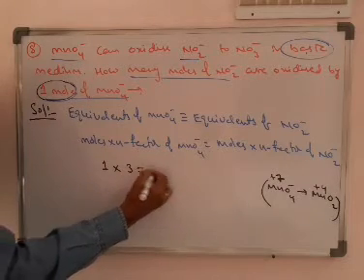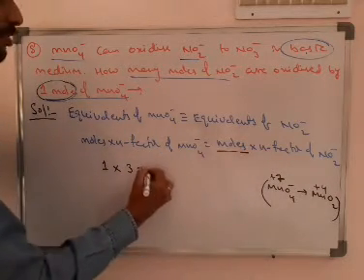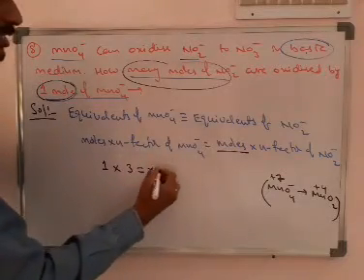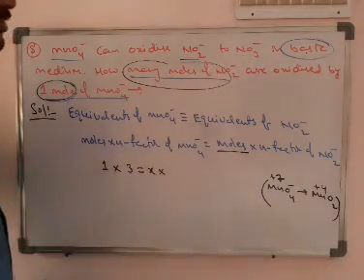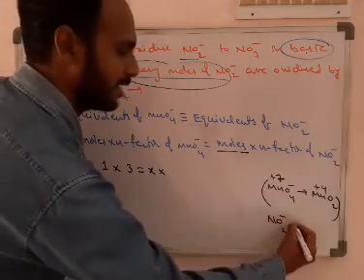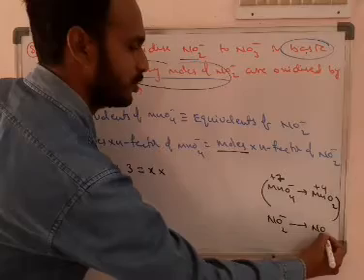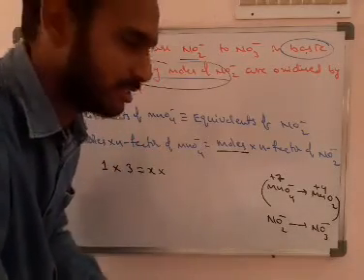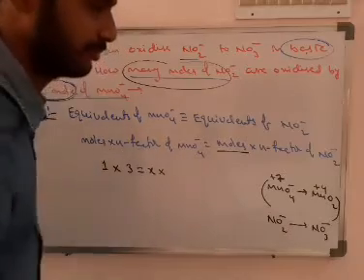So 3 moles. To find the moles of NO2 minus, we take it as X. So the n factor of NO2 minus: NO2 minus changes into NO3 minus. What will be the oxidation state difference?